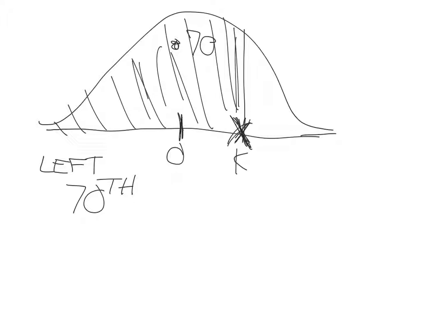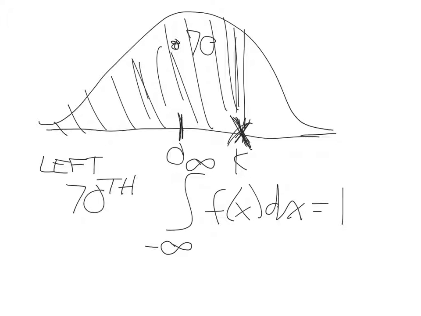The normal curve is continuous, and if you were to integrate over the whole curve, it integrates to 1. Don't worry about it, I'm not going to make you do it.